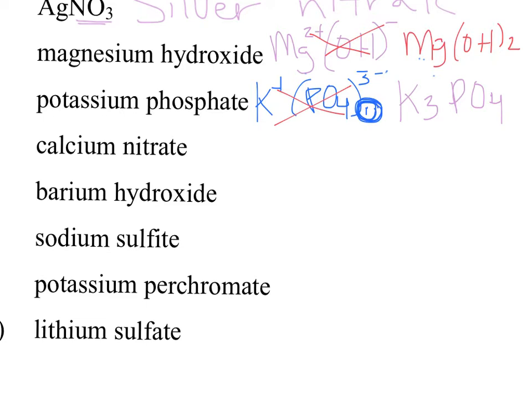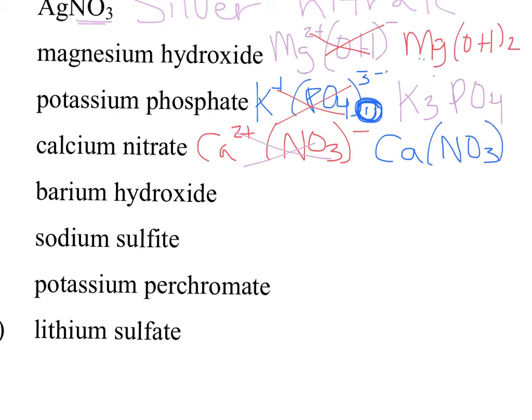Again, it's just letting you know it's the correct way to do it. All right, calcium nitrate. I know calcium is in group 2, so I have Ca2+. I have nitrate, which is NO3 in parentheses with a minus. And again, when I crisscross, I'm going to get Ca(NO3)2. This is a big one, guys, because what I do not want you doing is dropping the parentheses in this case, which would look like CaNO32, looking like 32, which doesn't make sense.